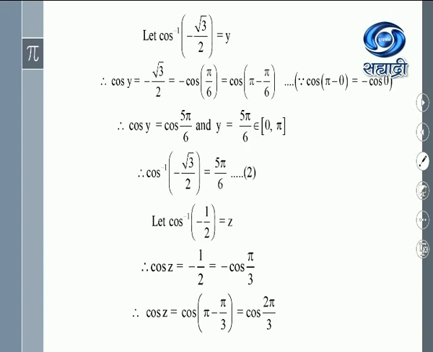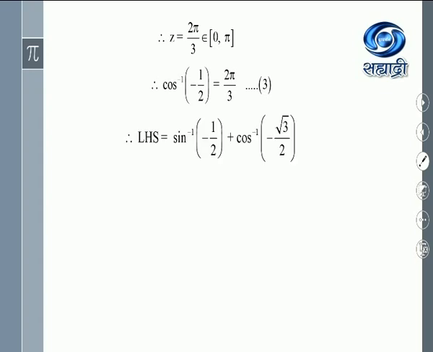But the actual difference is 3 pi minus pi upon 3, which is cos of 2 pi by 3. So z is equal to 2 pi by 3. Again, we have to check whether this lies in the principal value branch, which is the closed interval 0, pi. And it lies. Therefore, cos inverse of minus 1 upon 2 is equal to 2 pi by 3. We call this as 3.